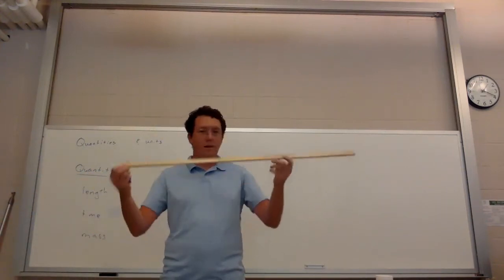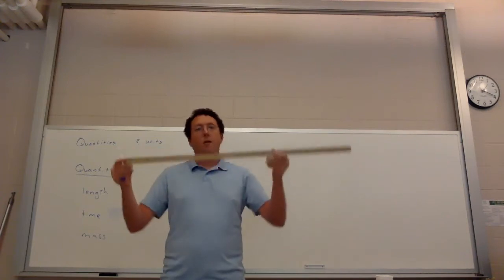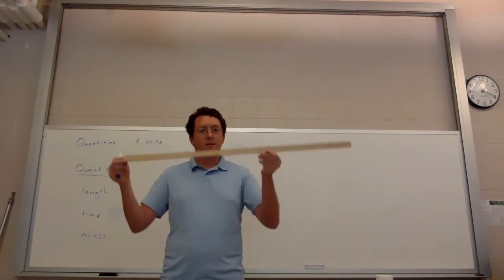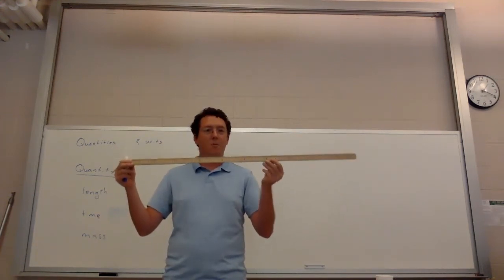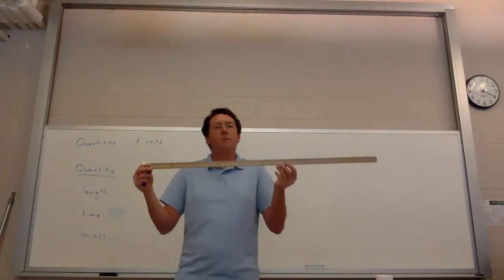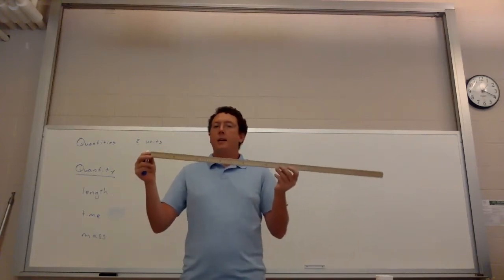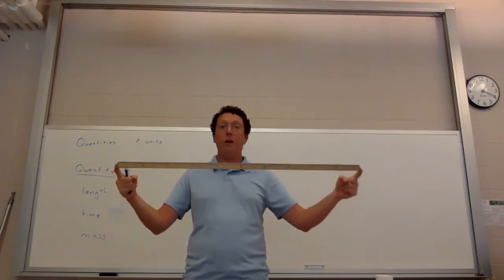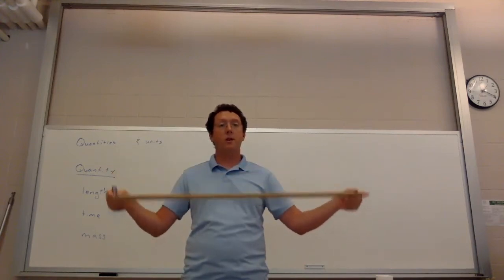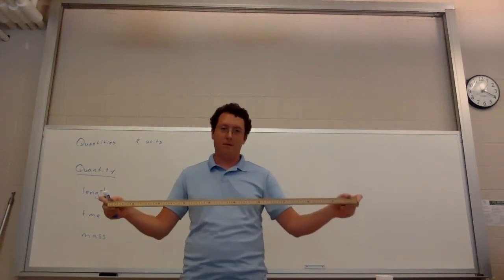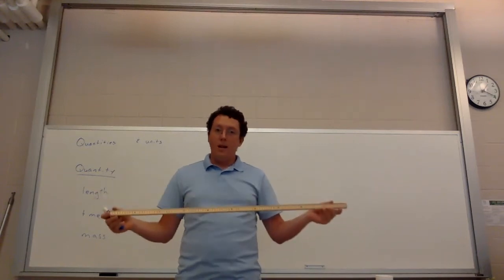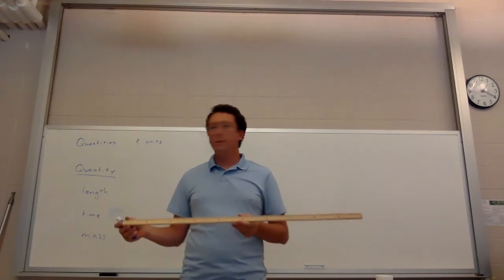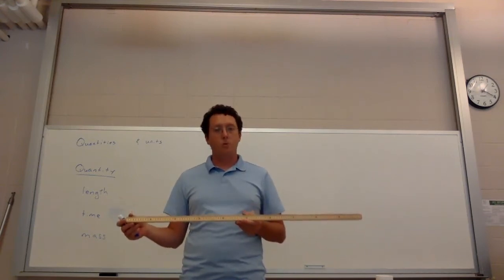Now, the way a meter is defined is a little bit different than just a stick. It's a little more complicated, but it's equivalent to this. We can imagine there is a fixed amount, and we all agree to call this 1 meter. Then we can measure anything else in reference to this meter.